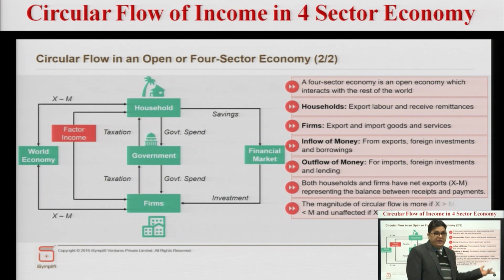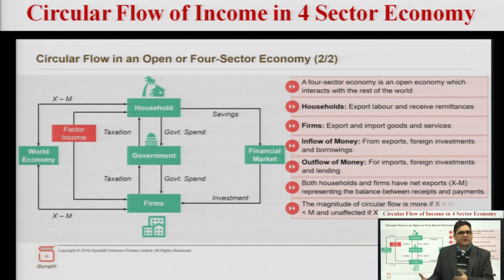Kerala receives the highest remittances in India, because most of the people from Kerala are working in the Gulf countries, or even from the rest of India. People are working in America, people are working in Saudi Arabia, they are working in Dubai. So we are exporting labor, and in return we are receiving income from abroad.